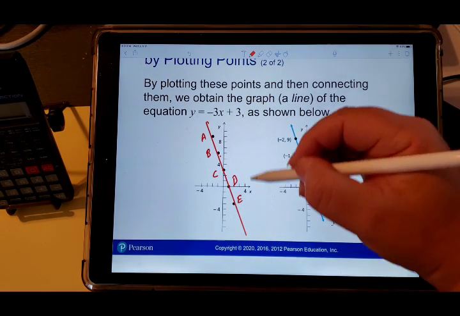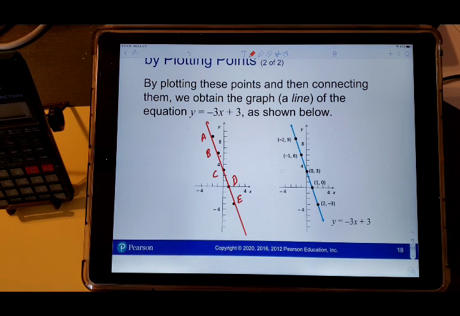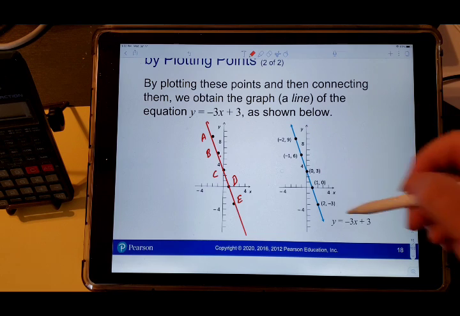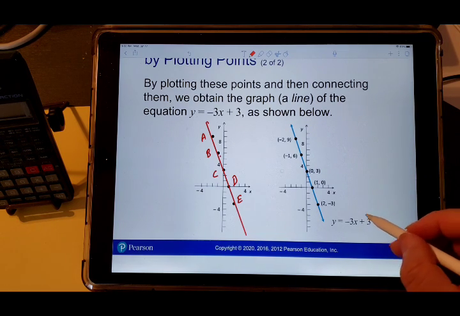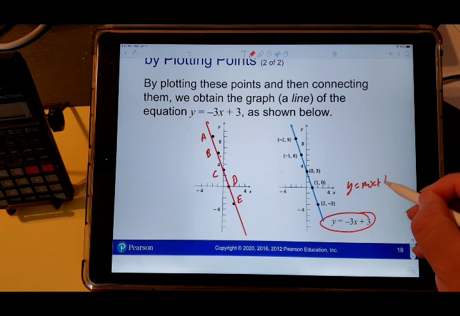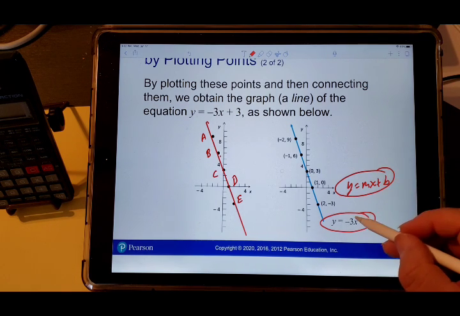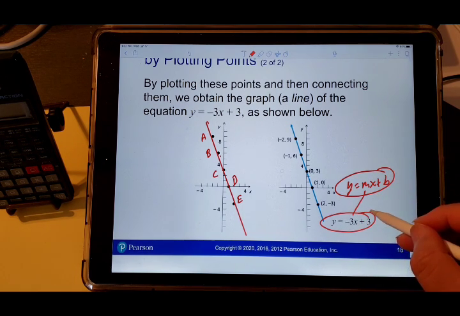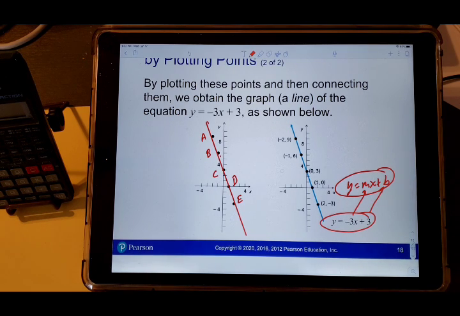Now, why are we drawing a line through those points? Why not some other kind of curve? Well, we'll get to that. But you have to know the shape of what you're drawing for something like this to make sense. I'll go ahead and just say it. We will get to it, but y equals mx plus b. If it has this format where m is revealed in the problem, b is revealed when you get the problem, you know the figure is going to be a line.